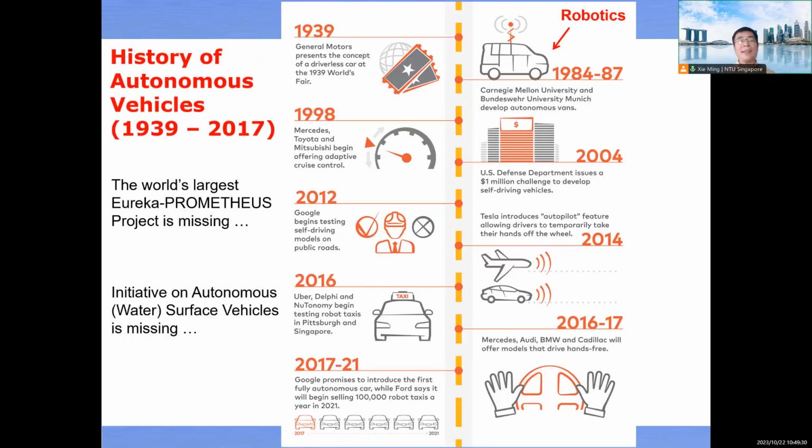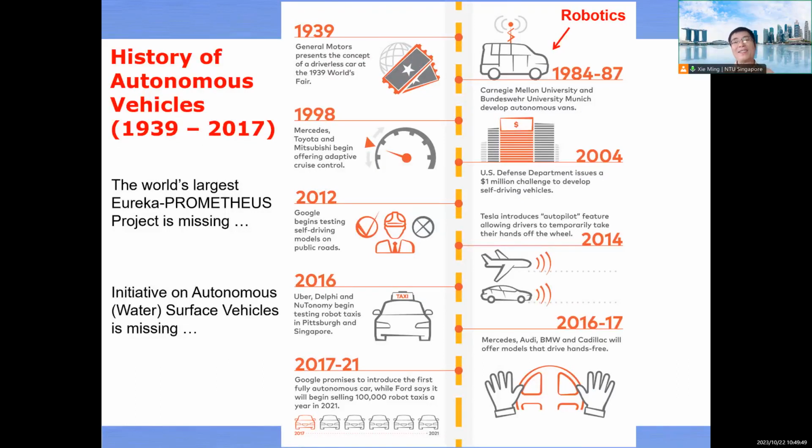So in this slide, I'm going to show you the history of autonomous vehicle development. And interestingly enough, the history of autonomous vehicle dates back to 1939.